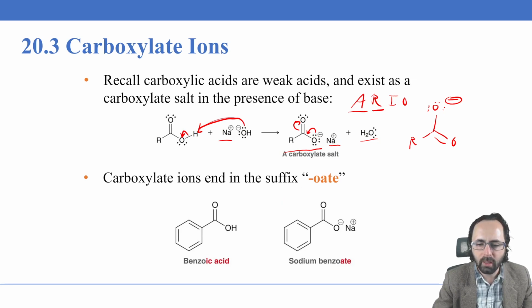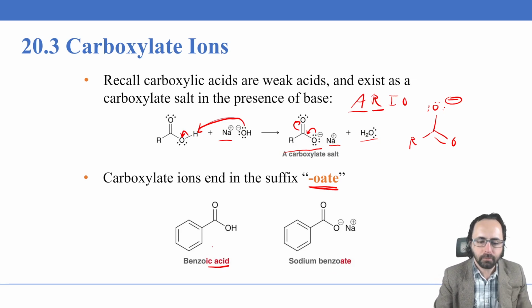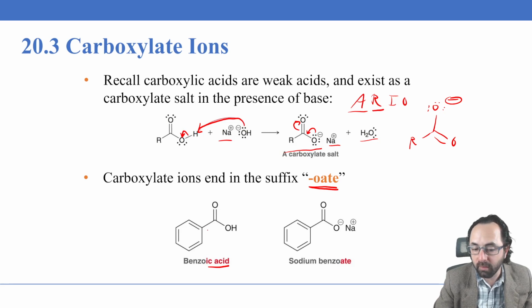Now, when you name a carboxylic acid salt or a carboxylate salt, what you do is replace the -ic acid in the name of the acid with -ate here. So, for example, this group here would be called benzoic acid.